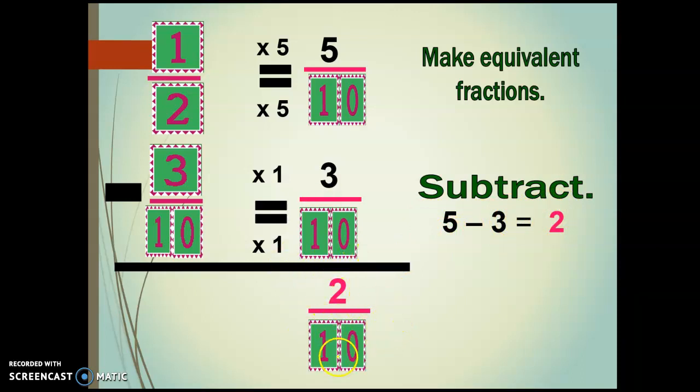Take note, 2 and 10, they have something in common, so you still have to simplify. This is what I meant earlier, that you can use 20, but it will just double your time solving the problem. So if we simplify this one, we will get 1/5.